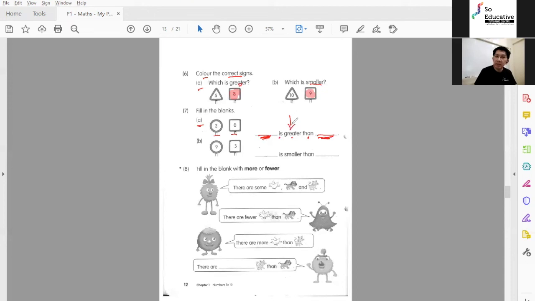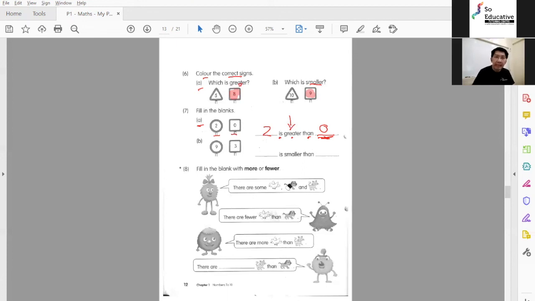So what's the meaning of greater again? Bigger. So which one is bigger than which one? So of course, 2 is bigger than 0. Okay, so the answer is 2. I'm going to clear the screen first so that we can see it clearly. There we go. 2 is bigger than 0. 2 is greater than 0.